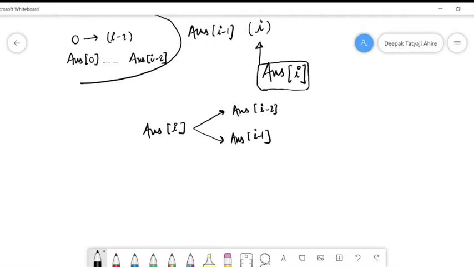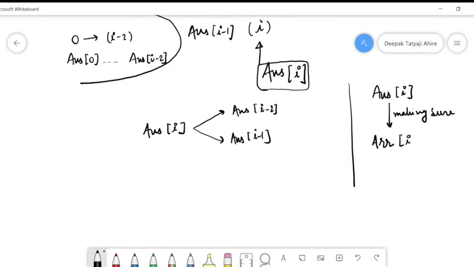So while I am processing any answer, suppose I am at the ith index, and while I am processing the answer for the ith index, what I am doing is I am making sure that I have considered the element at the index I in my solution.